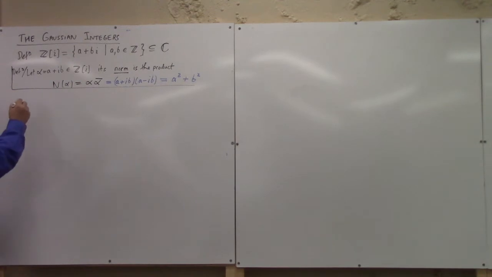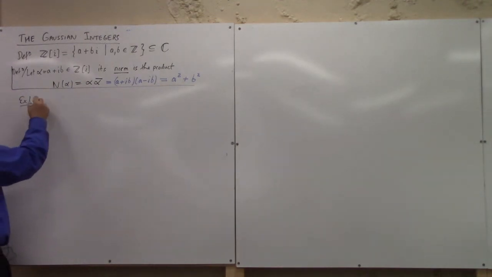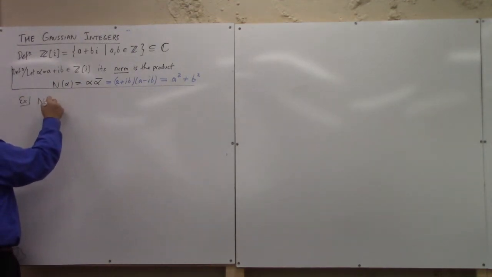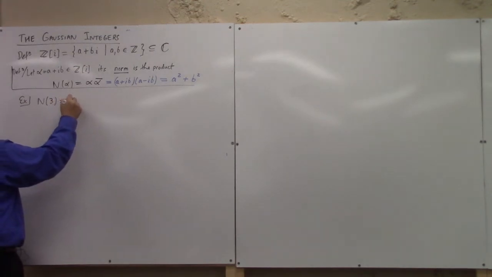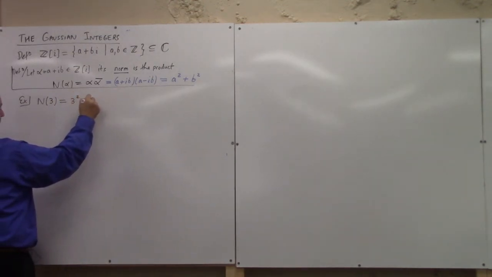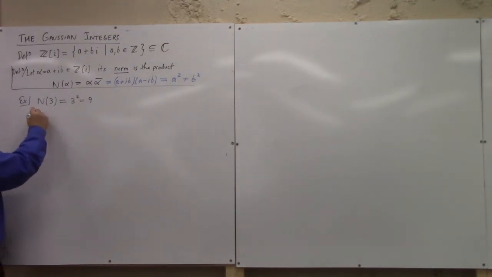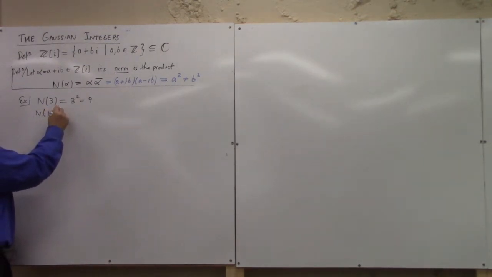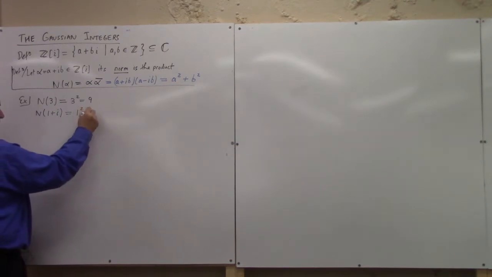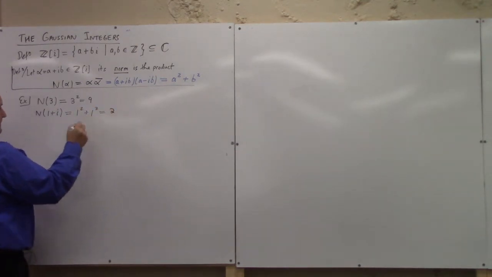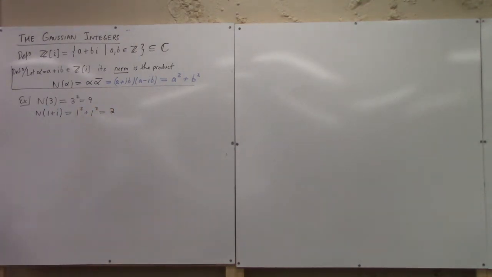So for example, the norm of 3 is 3 squared, so the norm of 3 is 9. Another example, the norm of 1 plus i is 1 squared plus 1 squared, so that's 2. Just a couple examples.